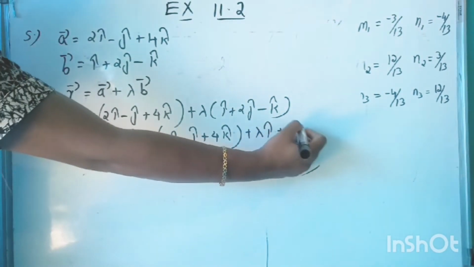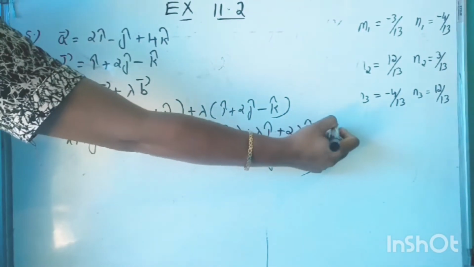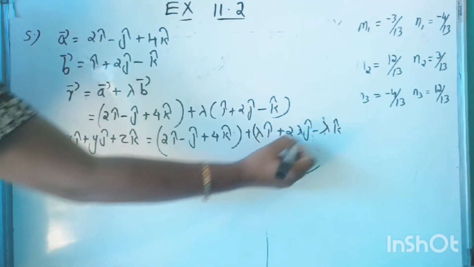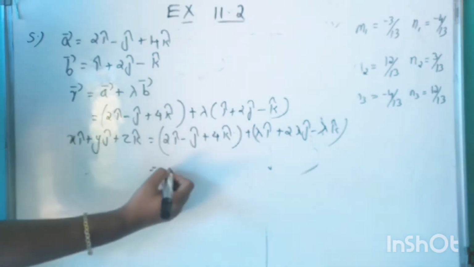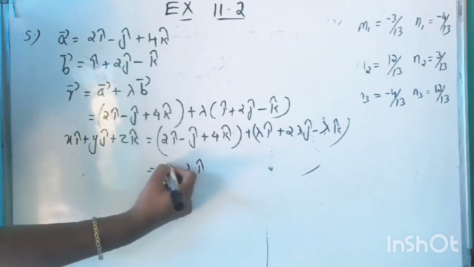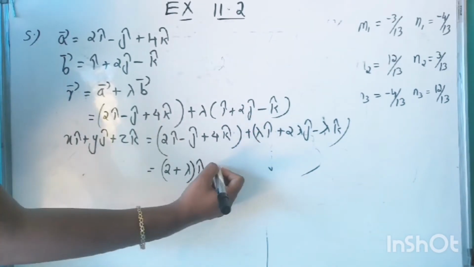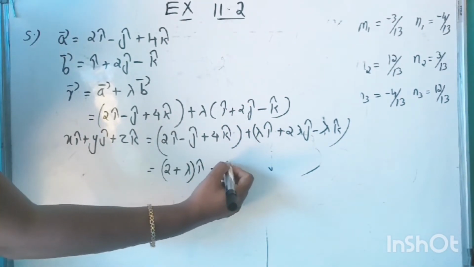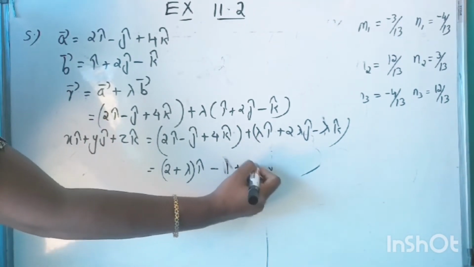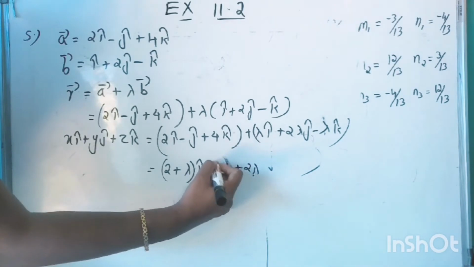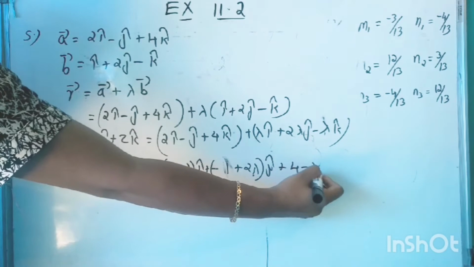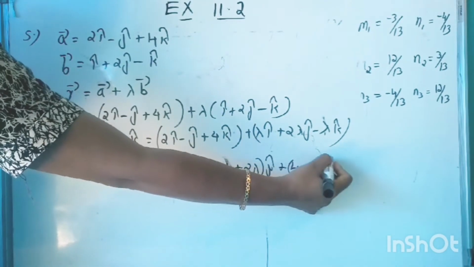plus, just multiply it with lambda: lambda i plus 2 lambda j minus lambda k. And this is 2 plus lambda i minus 1 plus 2 lambda j plus 4 minus lambda k.